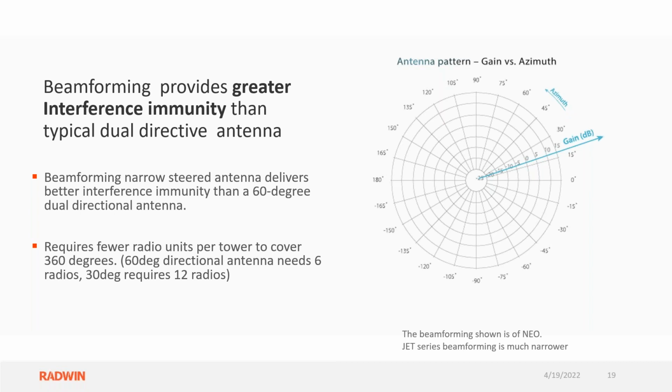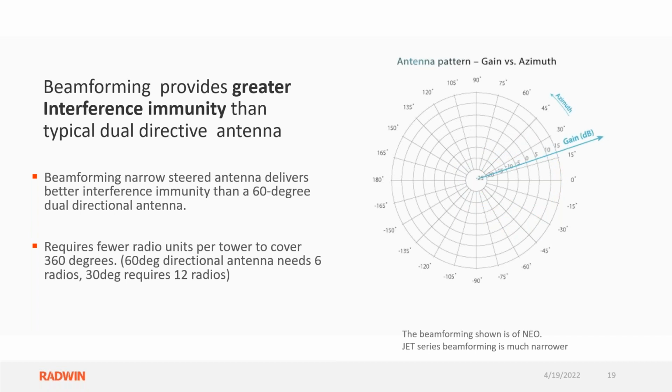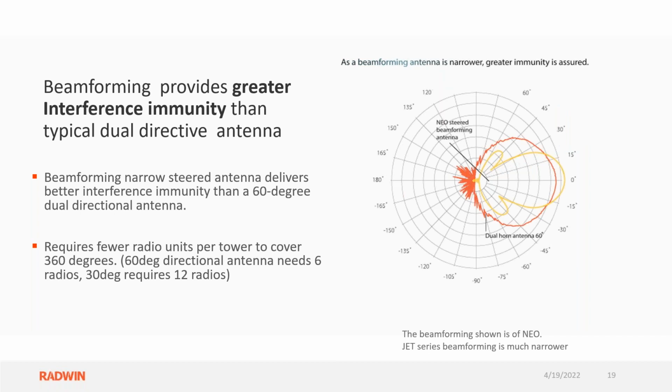Beamforming is great because you get a stronger signal and better interference immunity. If you look at that little animation, they talk about that dual horn, that's a 60-degree. That could be a horn antenna, it could be a panel antenna. I don't see too many horn antennas, but I see panel antennas a lot, 60-degree or better, sometimes 45-degree.